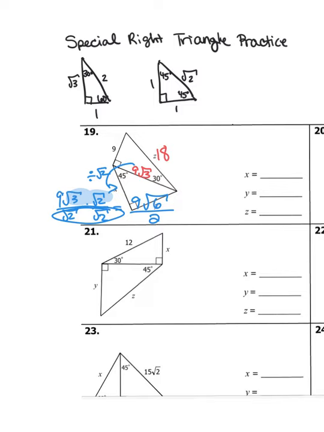So z is 18. X is what I just found, 9 square roots of 6 over 2. Now remember, for my 45, 45, 90 triangles, my 2 legs are exactly the same. So y is also 9 square roots of 6 over 2.